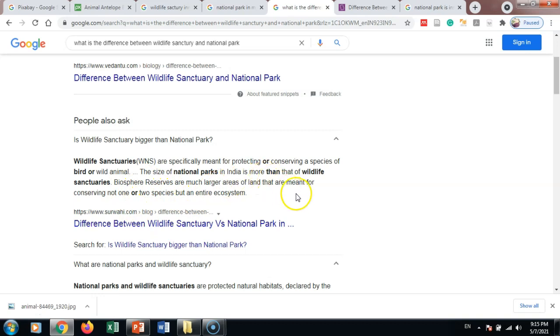The size of national parks in India is more than that of wildlife sanctuaries. Biosphere reserves are a much larger area of land that are meant for conserving not one or two species but an entire ecosystem.